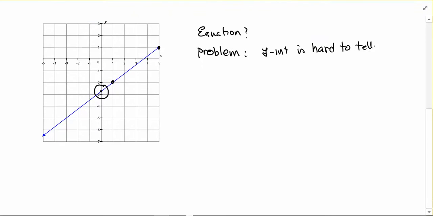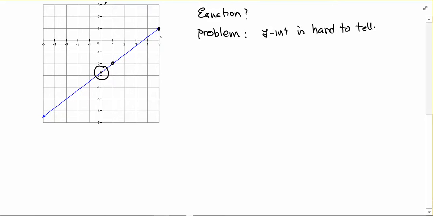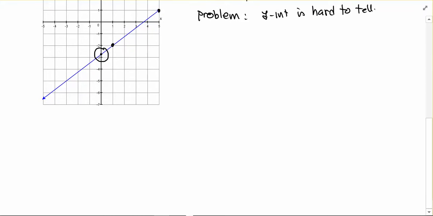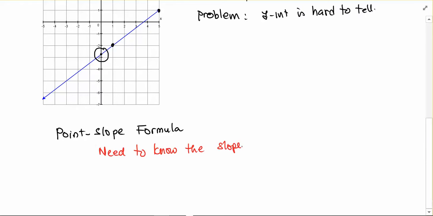Okay, so we need another way in which we can find equations of lines, and this is called the point slope formula. The point slope formula says, as the name suggests, the ingredients for this, you need to know the slope and any one point.